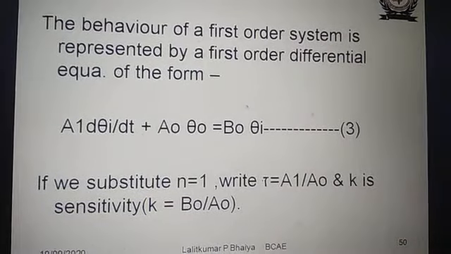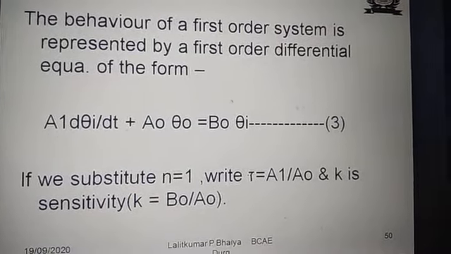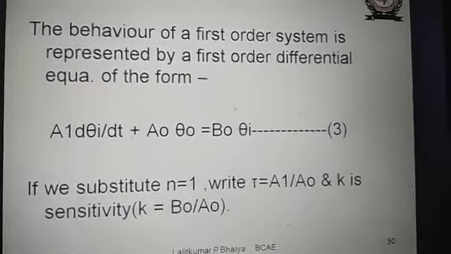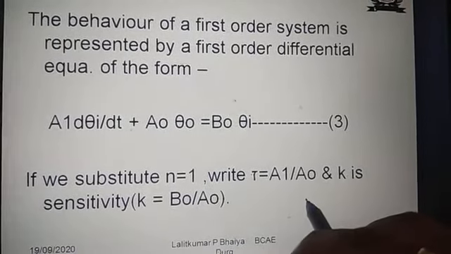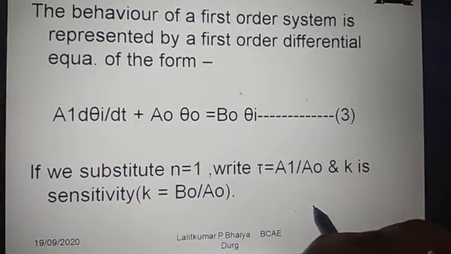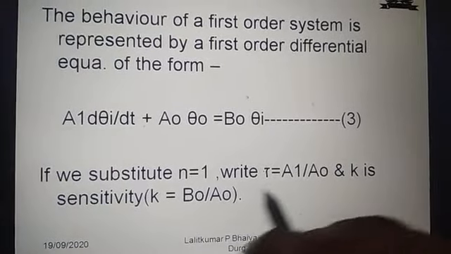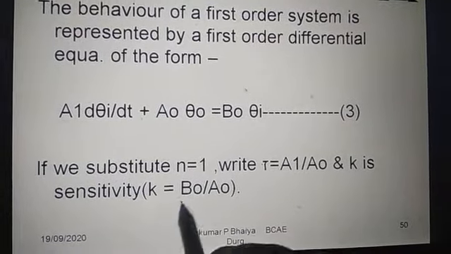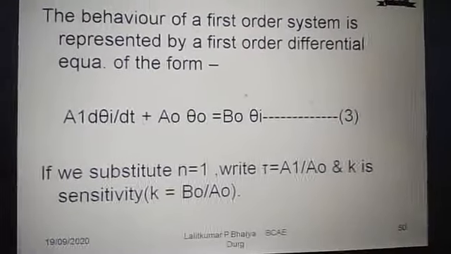If we substitute n is equal to 1, then write tau is equal to a1 upon a naught and k is the sensitivity, k is equal to b naught upon a naught.